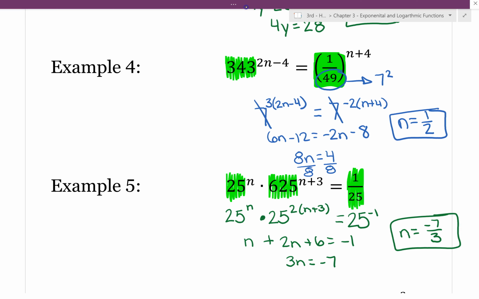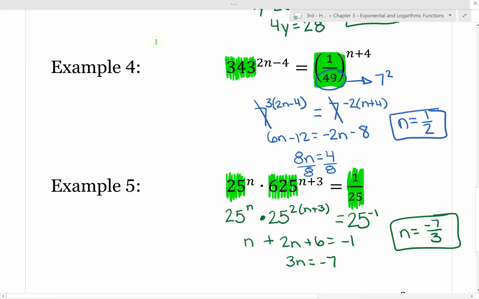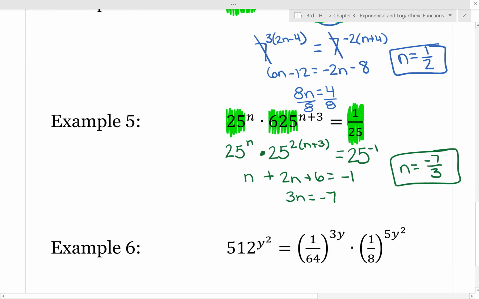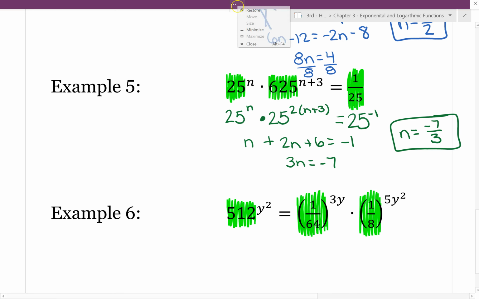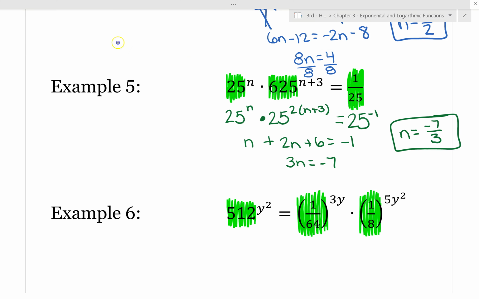I think I have one last example to do with you guys. Now remember, anytime you're more than welcome to freeze these, work them out, see if you can figure them out before I say something. So here's a base, here's a base, and here's a base. So what number to what power gives you these bases?